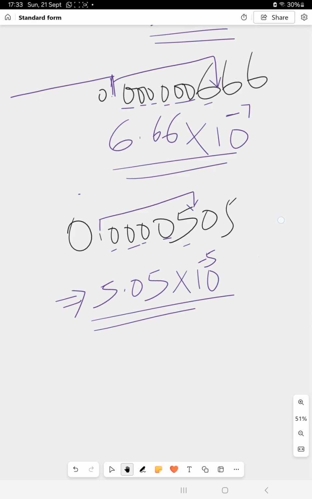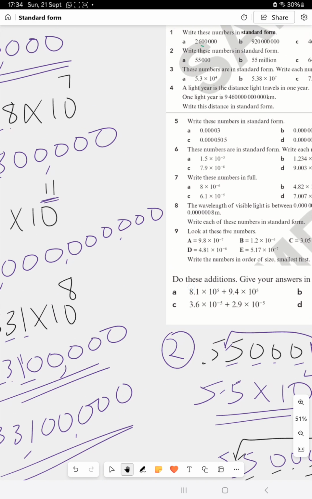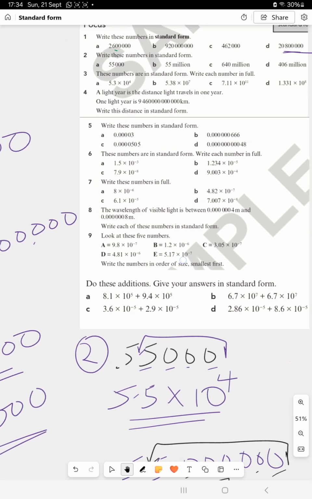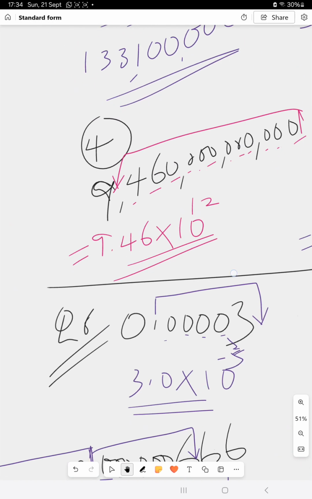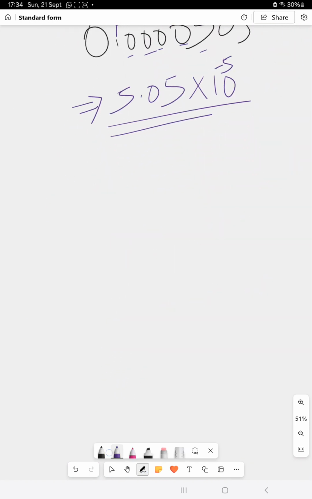Let me do most likely the last one in that number. That's for question 6, not question 5. You're given 0.00, a very big number, then ends with 48. I'll bring it here and say it is 0.000000048.